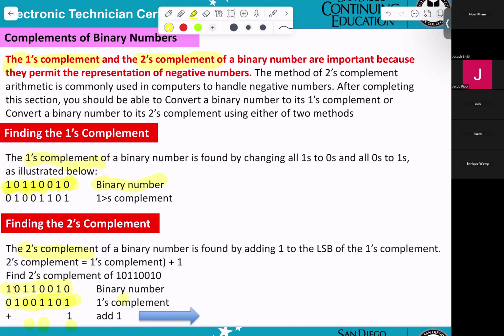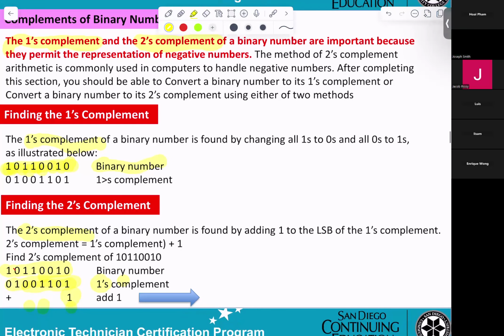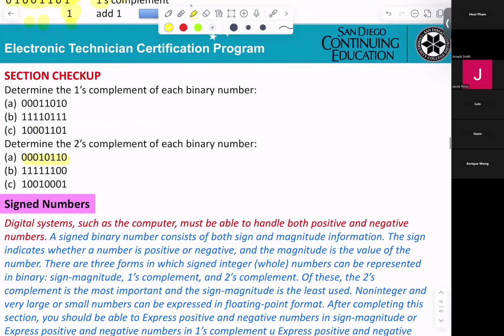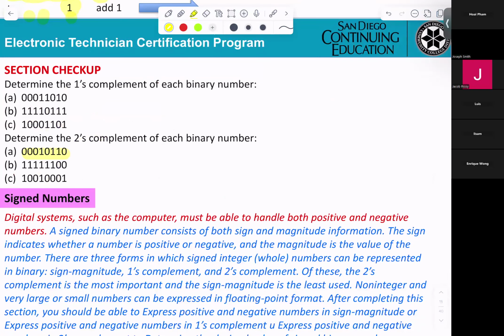First thing you need to get the first complement. You know first complement is converting 0 to 1, 1 to 0. And after you get the first complement, you add 1. That's why you get the second complement. Okay, so you can check on that. Okay, example. If you don't know, you ask me.